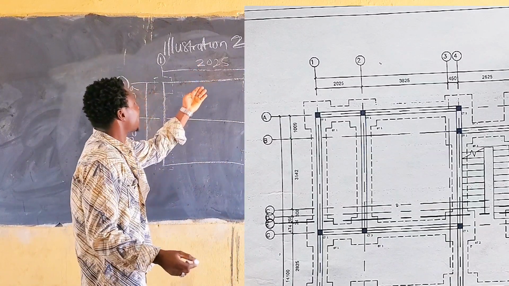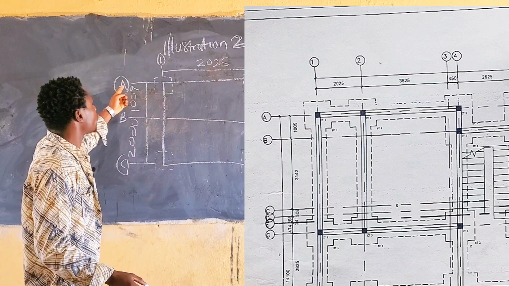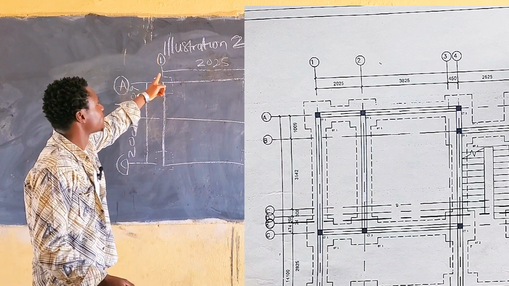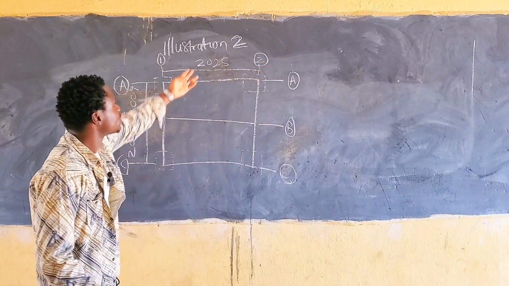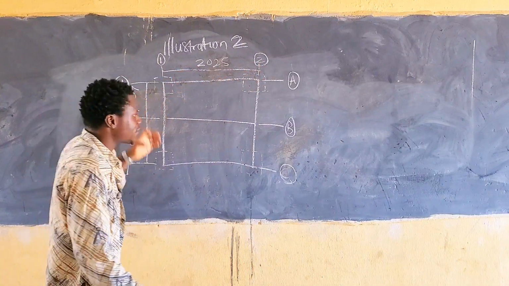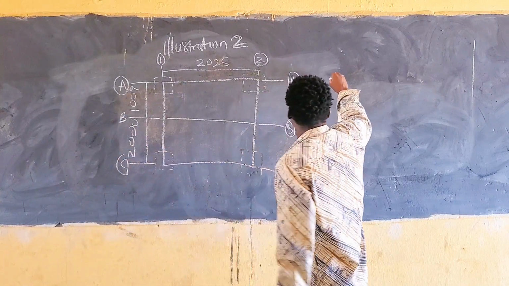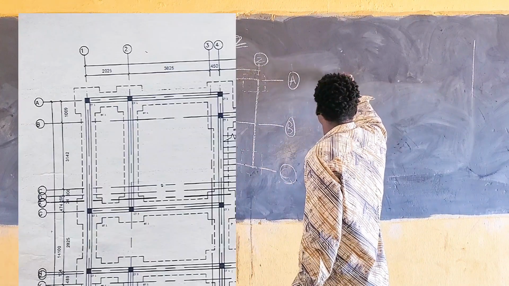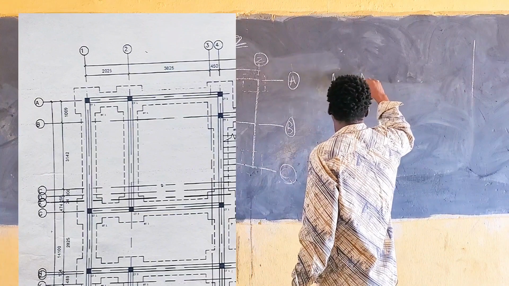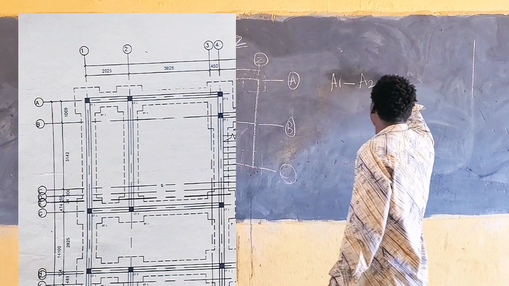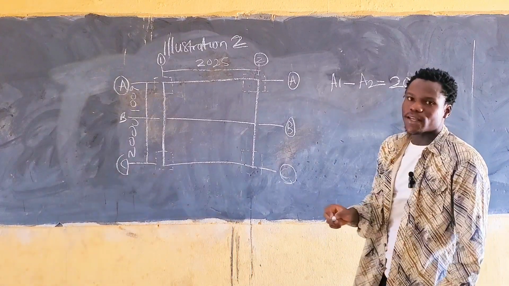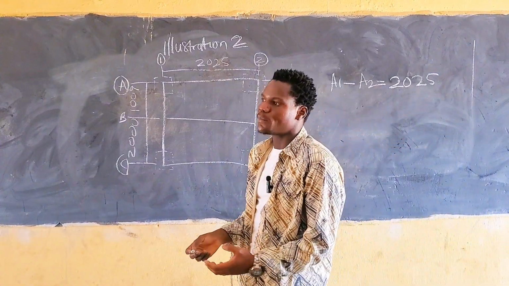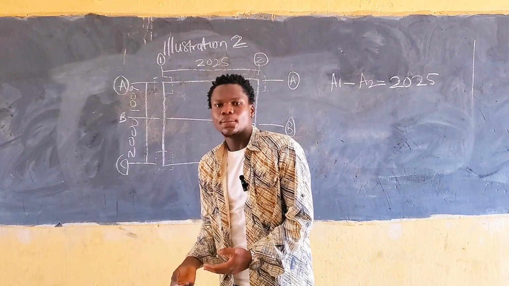This side, where does it fall? It falls on A1. So we say from A1 to what? A2 is 2025. So from A1 to A2 equals 2025. And don't forget that I said that in the course of our measurements, we'll be dealing with the strip and the column bases.